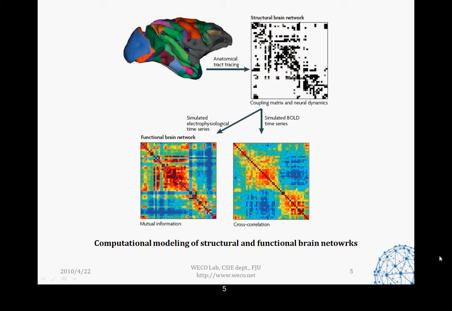So we get a result of mutual information or cross correlation. Different functional regions may have mutual information; they send information to each other.